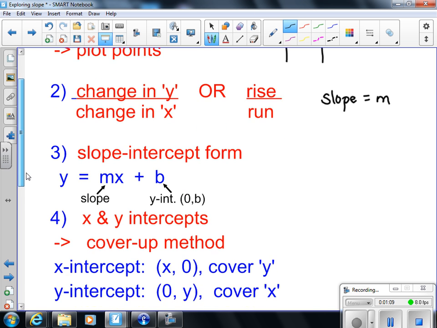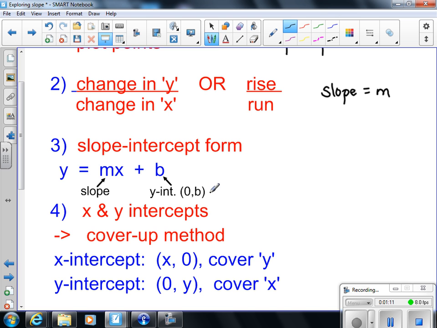Now today we're going to look at the slope-intercept form. The slope-intercept form is when you have y equals some number times x plus another number. That's going to be your rule. And in that rule, when we were working with our slope, we found some interesting things happen. Whatever we were adding or subtracting over here happened to be where it crossed the y-axis.